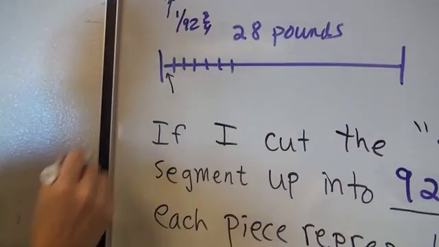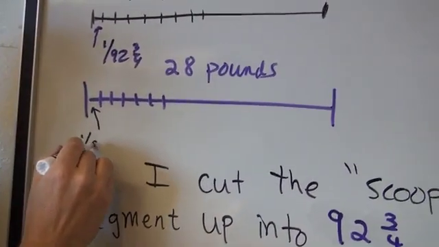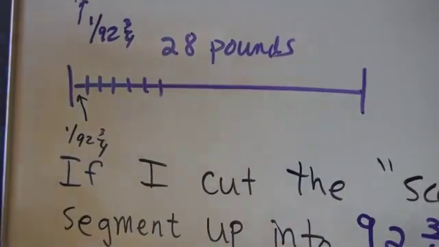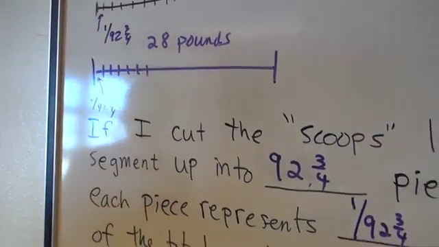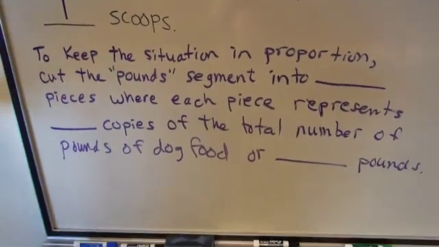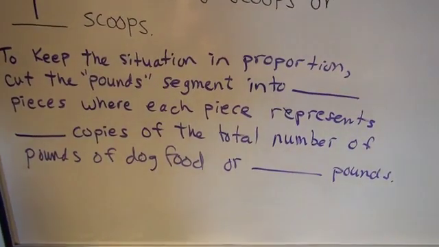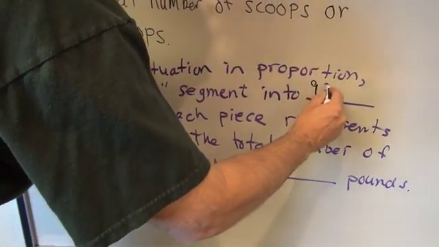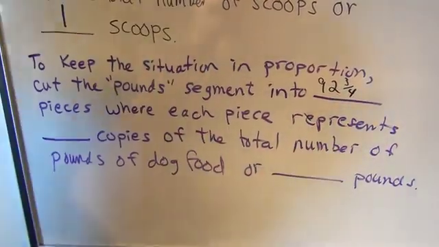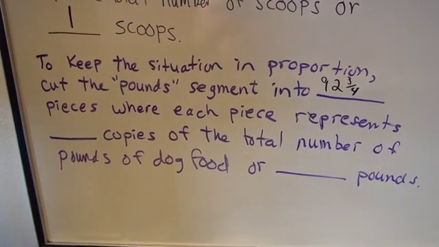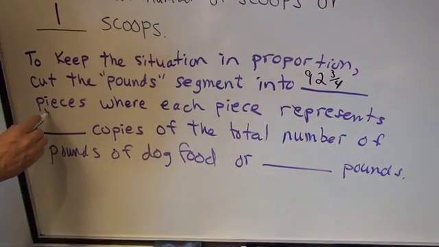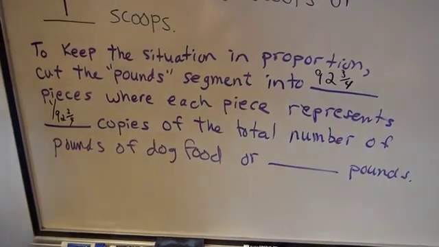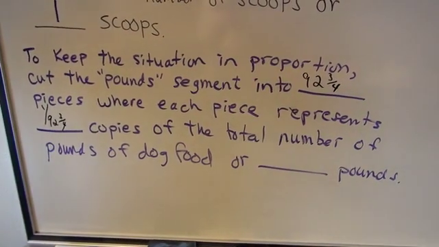So this is 1/(92 3/4) of the 28 pounds. That's the next part of this, to keep the situation in proportion. Cut that pounds line segment also into 92 3/4 pieces. Each piece therefore represents 1/(92 3/4) of the total number of pounds of dog food.